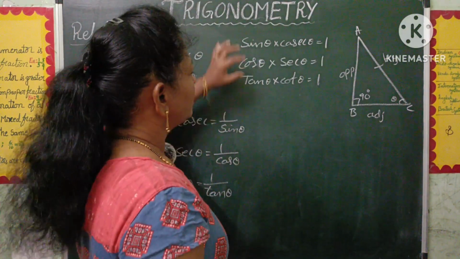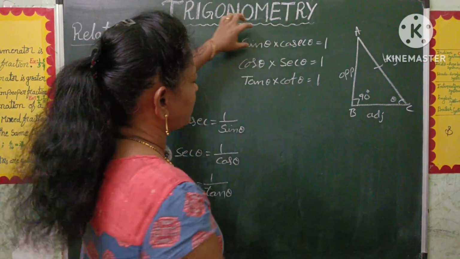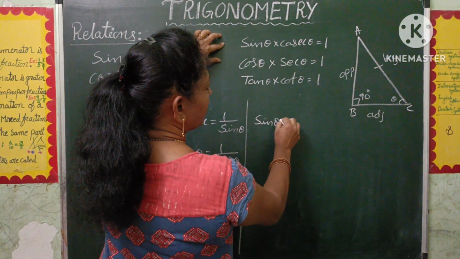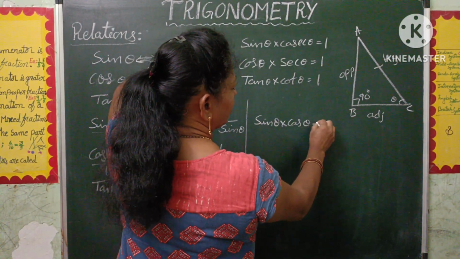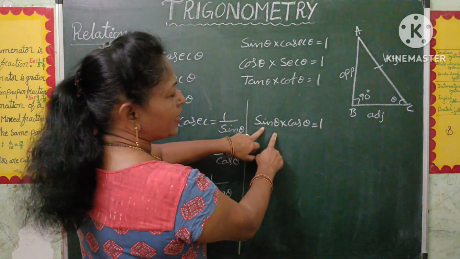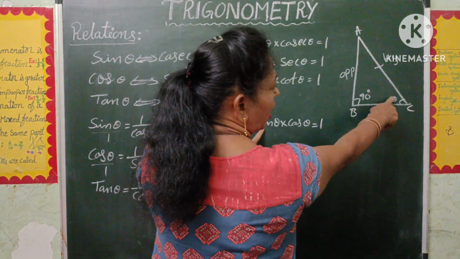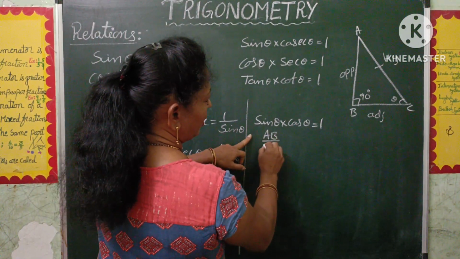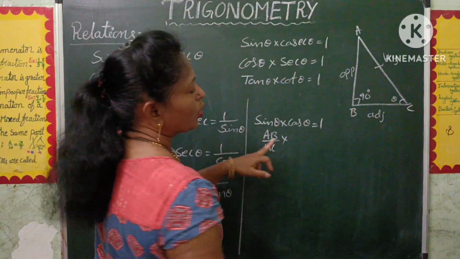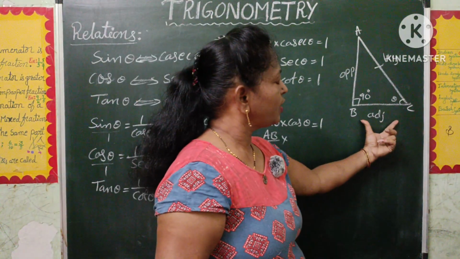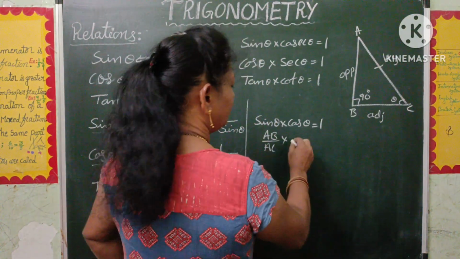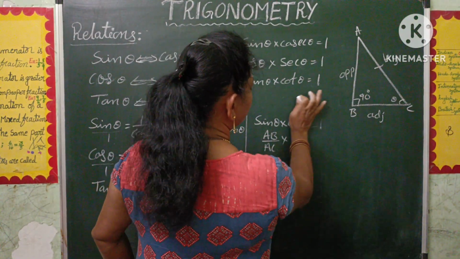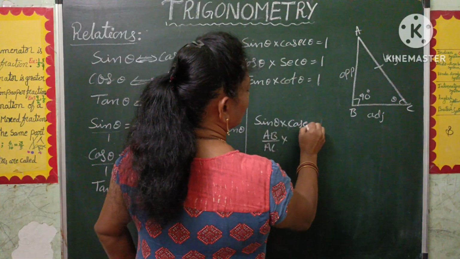Right. Now, first we have to prove that sin theta into cosecant theta equal to 1. Sin theta means opposite by hypotenuse. What is the opposite side? AB by AC, into cosecant theta.